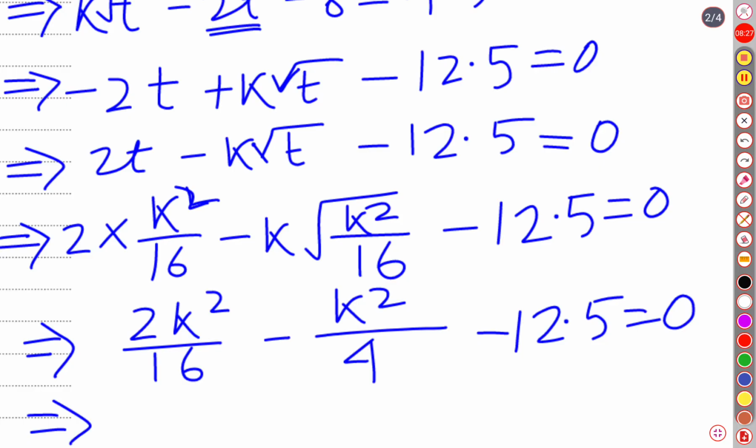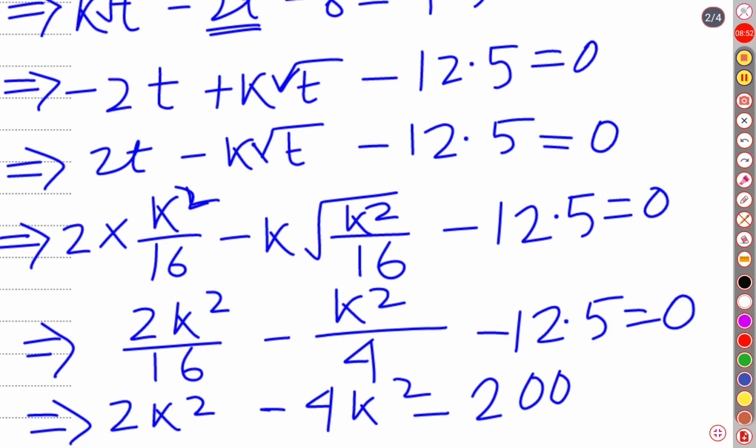Our LCM is 16, so let's multiply everyone by 16. So it is going to be 2k squared minus 4k squared minus, 16 times 12 is 192, so 200, equal to 0.